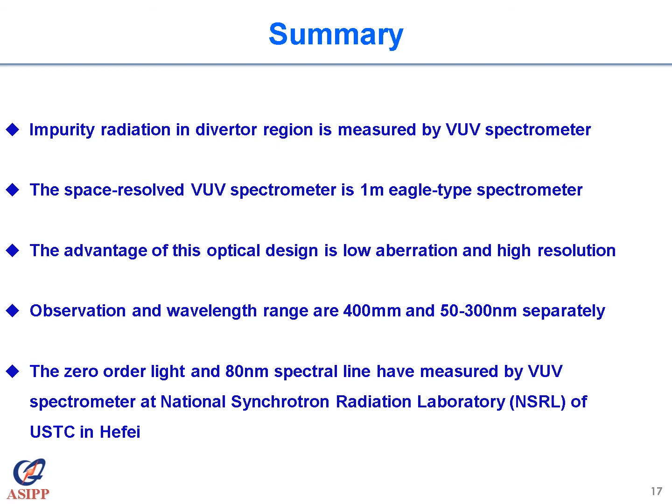The VUV spectrometer is a 1 meter Eagle-type spectrometer with no aberration and high resolution, and the observation range and the wavelength range are 400 millimeter and 50 to 3000 nanometer separately.